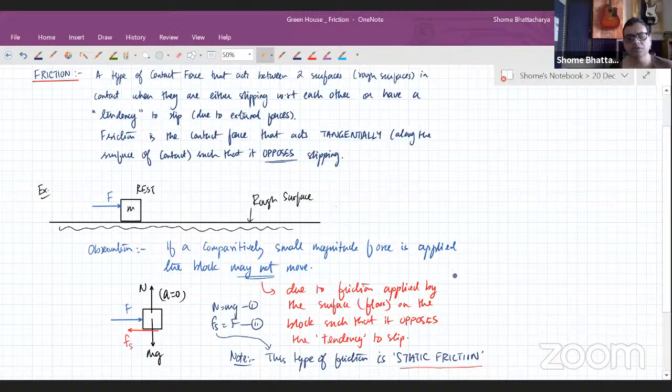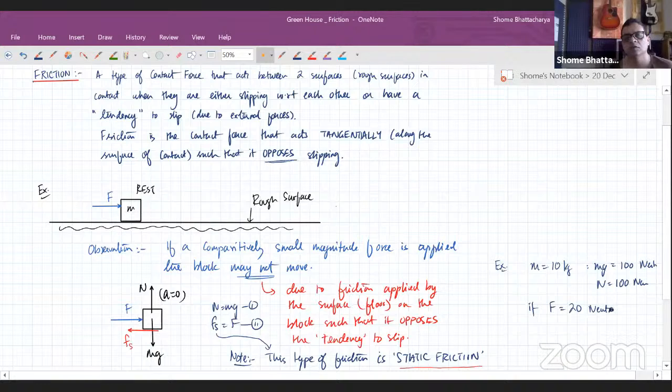Okay, so for example, in this case, suppose the mass of the block is 10 kg. So the weight is approximately 100 newtons. Normal reaction is 100 newtons. What we are observing, that if the force we are applying is suppose 20 newtons, and we are observing that the acceleration of the block is zero, it remains at rest.